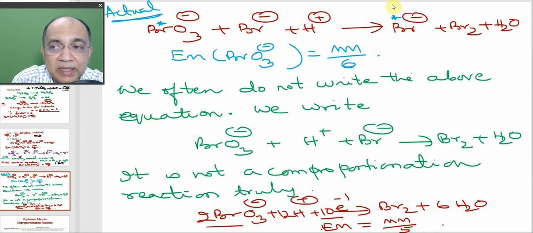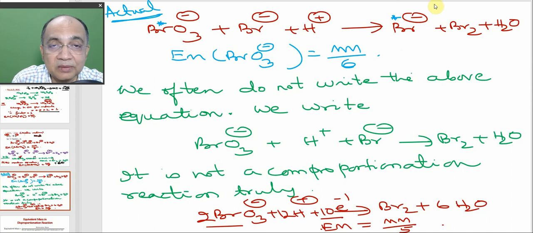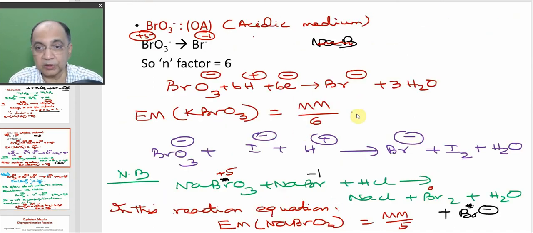But often we don't write this. We cancel, just like we cancel the spectators. We feel this is a spectator, we cancel. If that is the case, then the n factor is 5. See, from +5 to 0. If no bromide ion is written, bromine is the only product, taking this to be a comproportionation, the opposite of disproportionation.